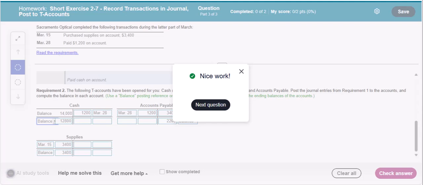After every journal transaction, you would immediately post to the ledgers, which are the T accounts, because we always want to know what our balances are. So in future homework problems, we'll mostly just be doing the journal, but just remember we would need to post the journal information to the ledger, in other words the T accounts, so that we have updated balances.